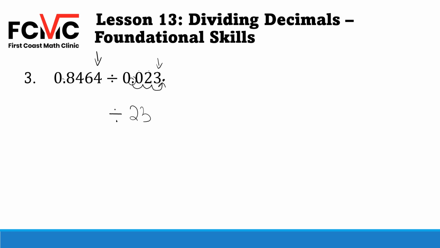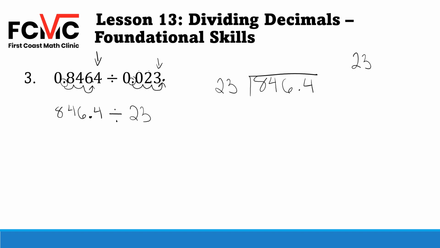So let's do the same thing with this decimal. Move it 3 places to the right: 1, 2, 3. So this gives us 846.4, or 846 4/10. Okay, so let's set up our division. Let's start with 23 into 84.